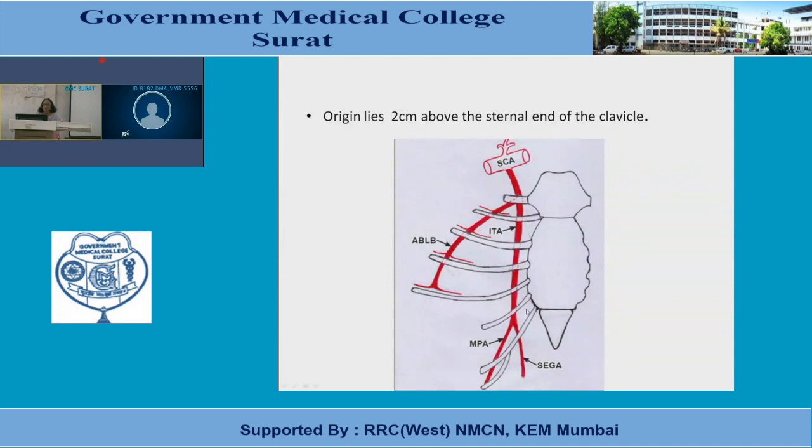So this is the sixth intercostal space in which the vertical course of the internal thoracic artery is divided into two terminal branches. The musculophrenic is the lateral branch and the superior epigastric artery is the medial terminal branch of the internal thoracic artery. Right? So this is about the origin.